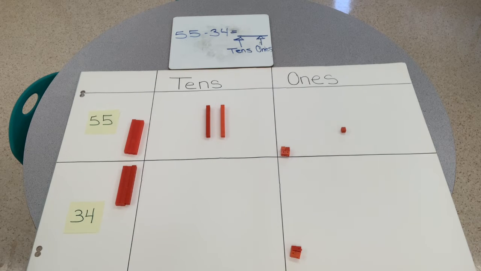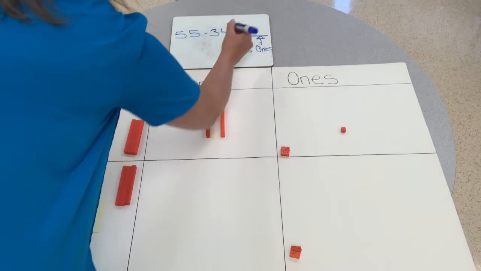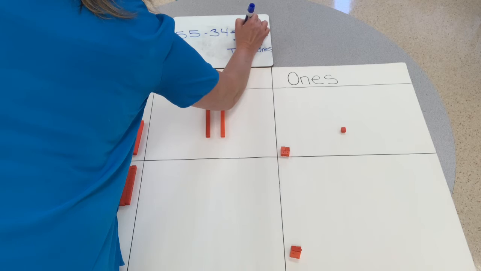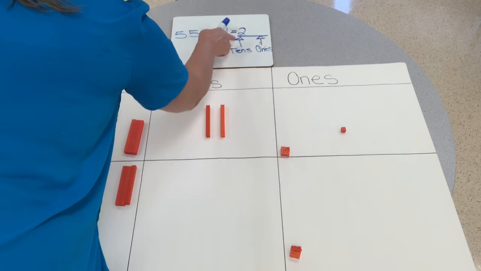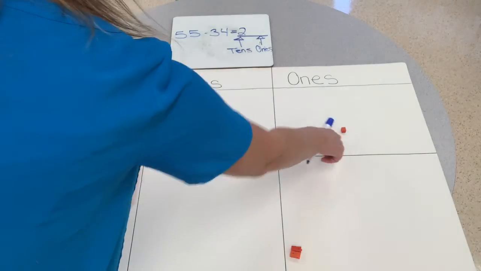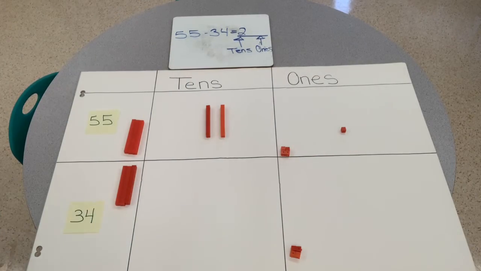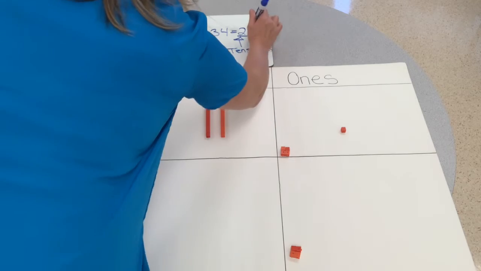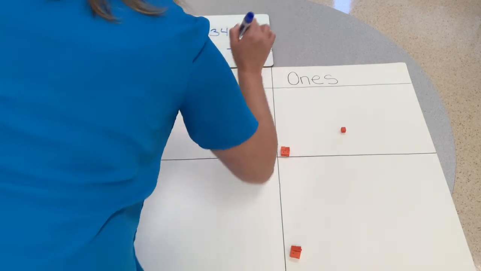How many are left? You got it. We have 2 left. 2 10s are left. How many 1s are left once we canceled out 4 from the bottom and 4 from the top to find the difference? You're right. We have 1 left.